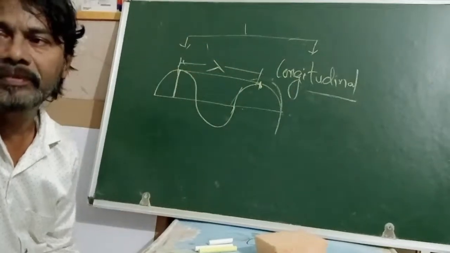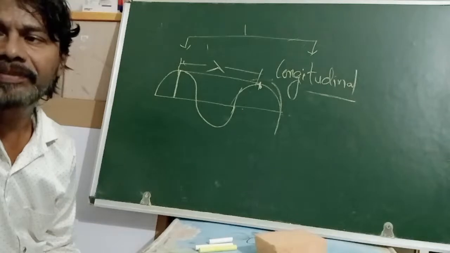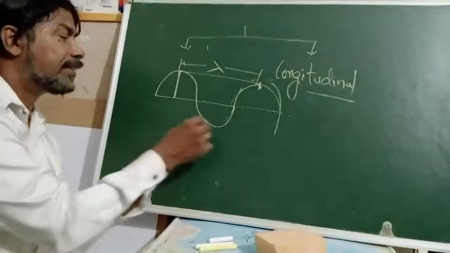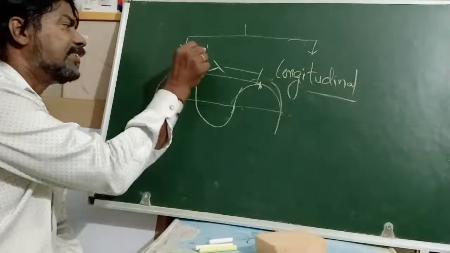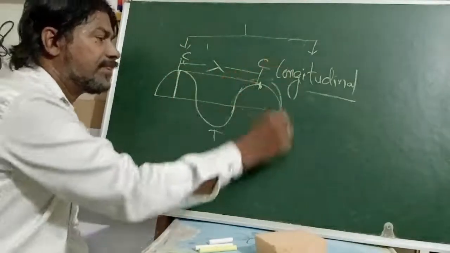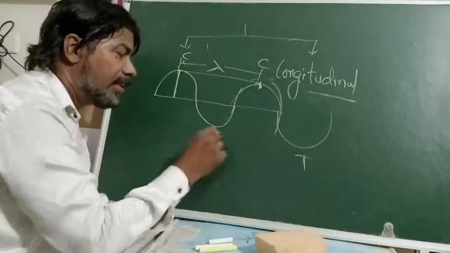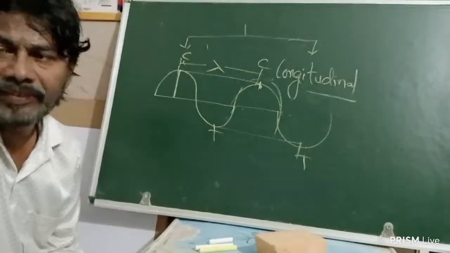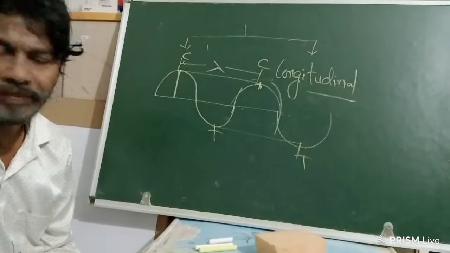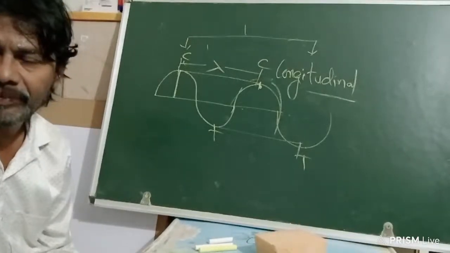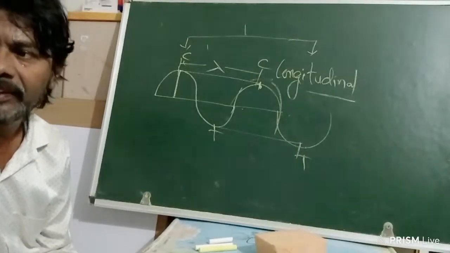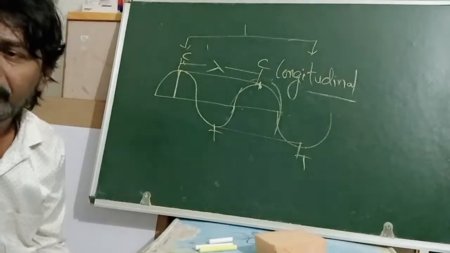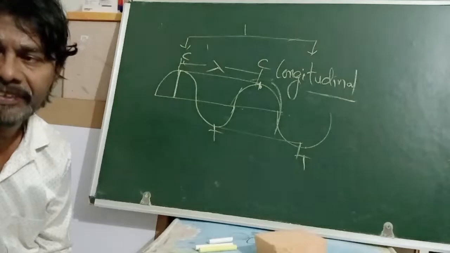Suppose this is the crest, this is the trough. The distance between two consecutive troughs or crests is the wavelength, denoted by lambda, measured in meters. Understand?